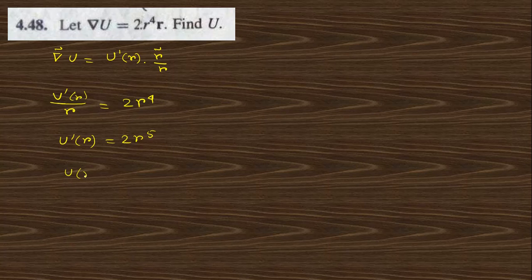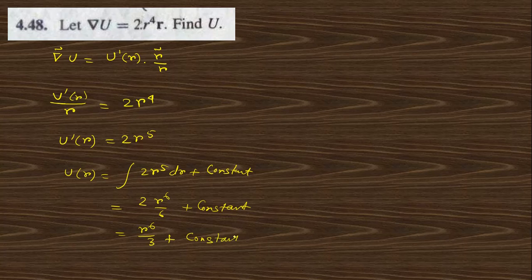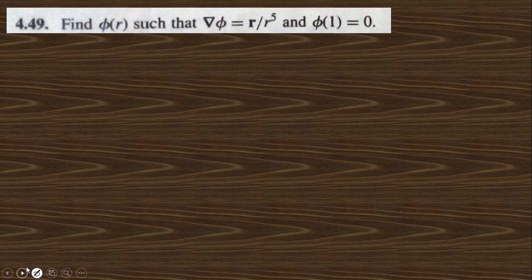So u of r is nothing but the integration of 2 r to the power 5 dr with some constant. So this is 2 r to the power 6 by 6 plus constant. So this is nothing but r to the power 6 by 3 plus constant. So this is the solution of this question. Go to the next question.